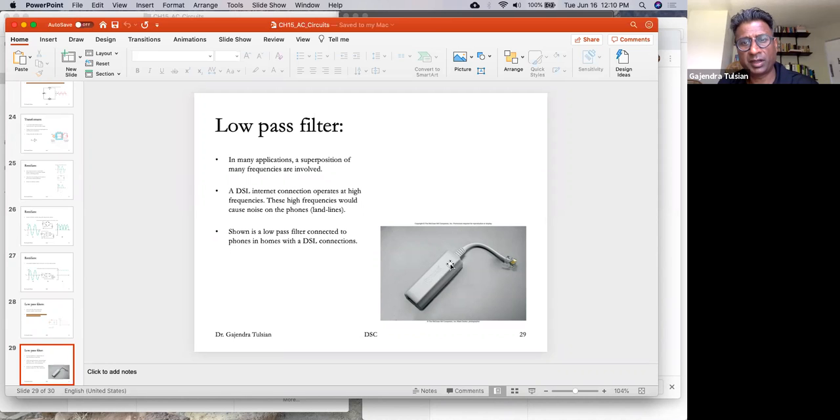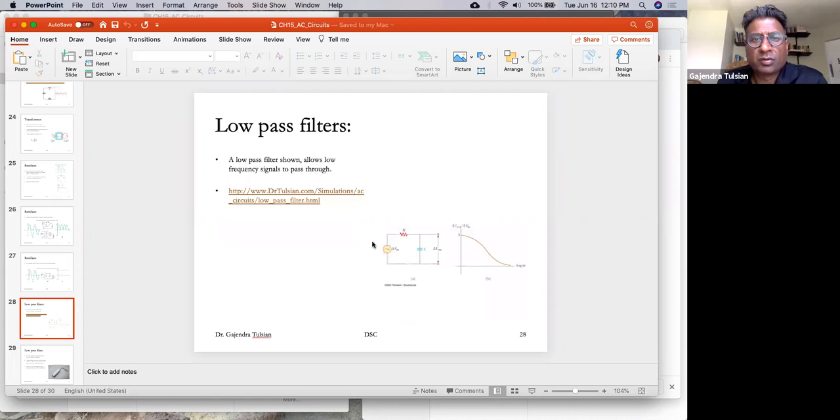You don't see many landlines, but if you had a DSL connection and a landline, you would have a low pass filter like this. Okay, internet traffic is passed at the high frequencies, and voice data is passed at low frequency. Okay, so you had a low pass filter.